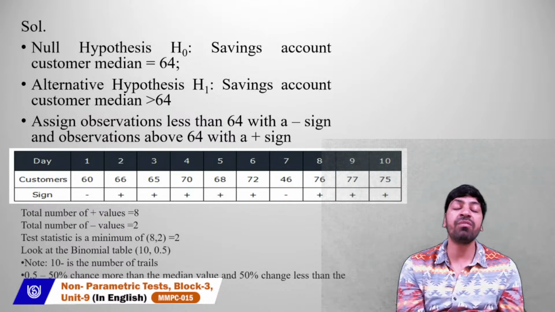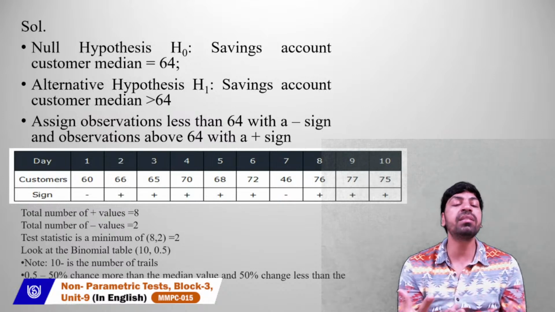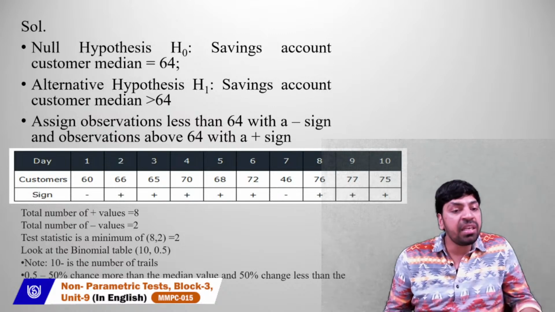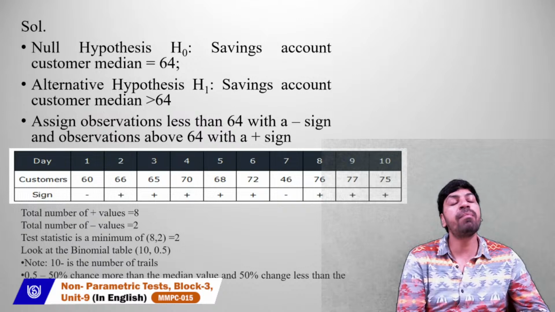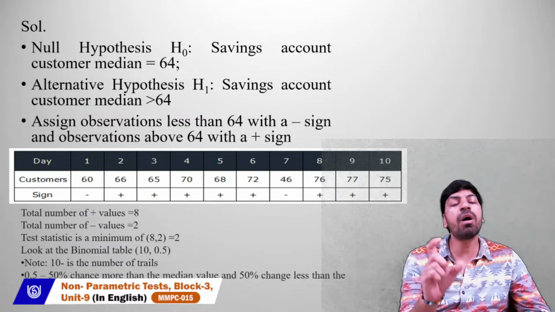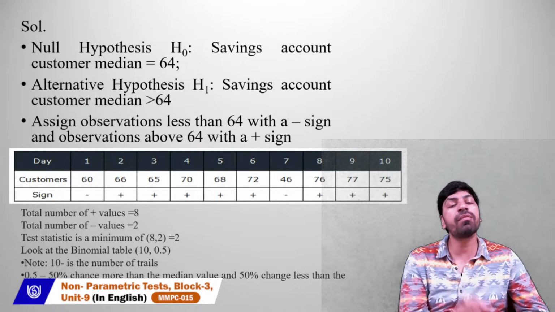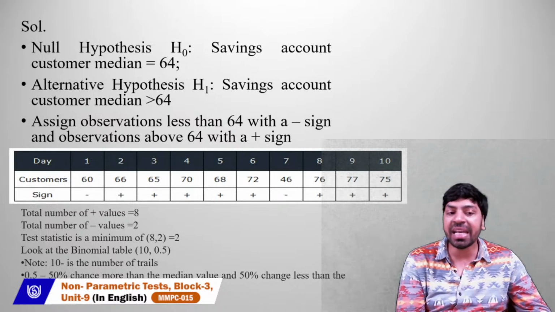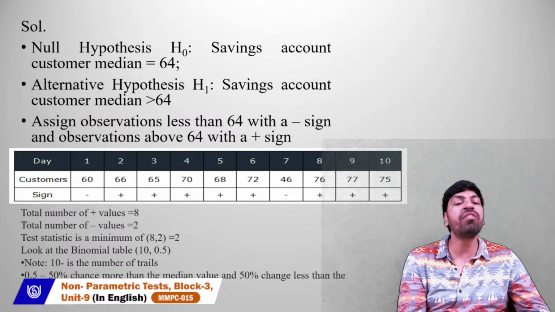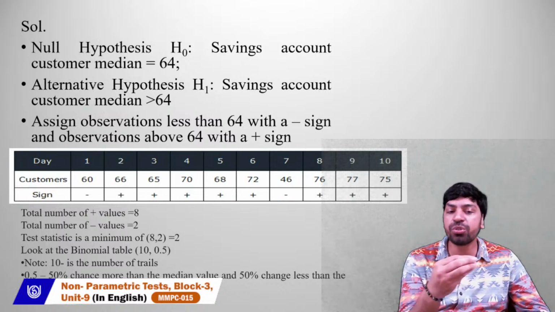Now we look up the binomial table. In order to test the results and estimate the p-value, we need to look up the binomial table, where the total number of observations is 10 and the minimum sign count out of 8 and 2 is 2.